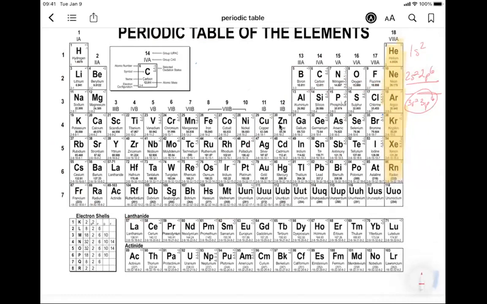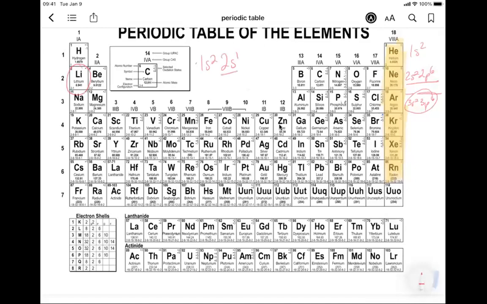So back to the original question: why is group 1 more reactive than group 2? You have to look at its position relative to group 18. Let's take lithium, for example. Lithium has a configuration of 1s2, 2s1. Which electron is the valence electron?